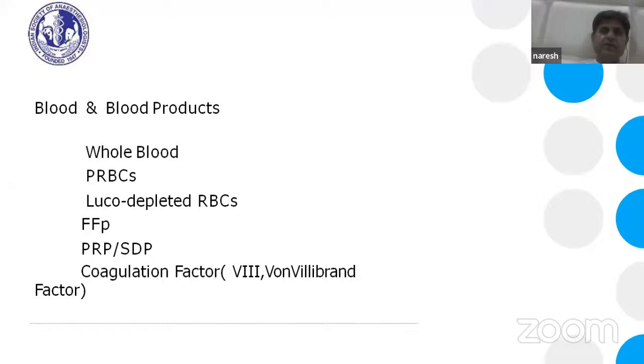We already have a shortage of blood and blood products in society, in the hospitals. So use them judiciously. Try to avoid them. Please go through the recent guidelines for blood transfusion.